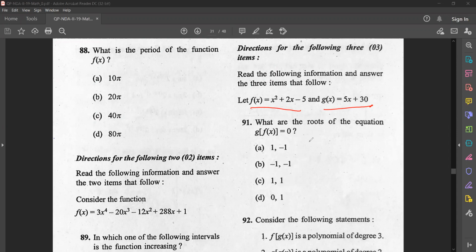You have to do g of f of x equal to 0 and then find the root. So try all of it, just find the roots. Once you get it, comment the answers. Please try.